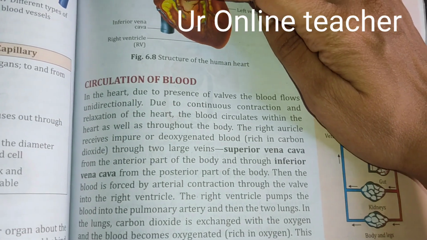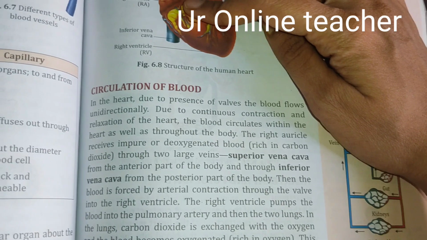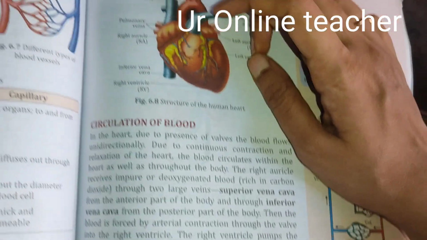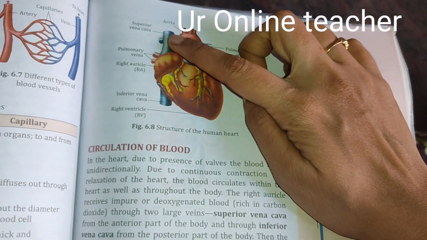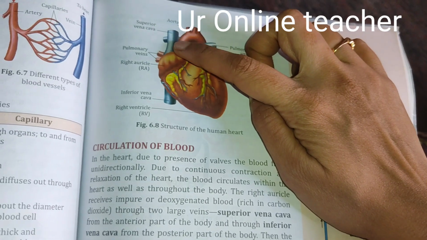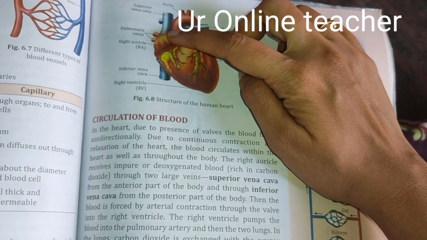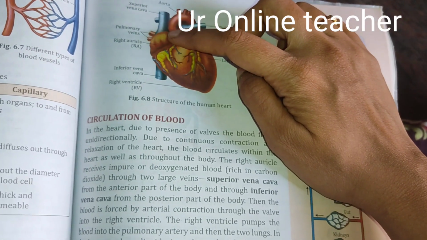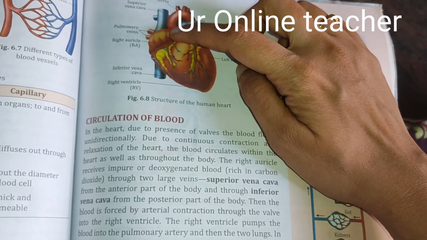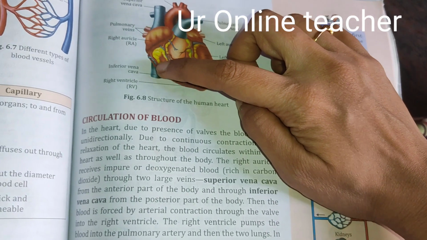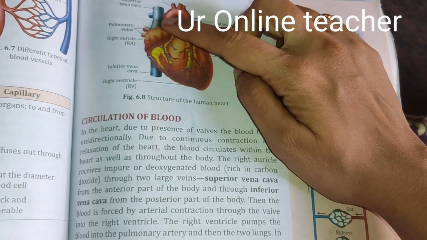impure or deoxygenated blood rich in carbon dioxide, through two large veins. That is the superior vena cava, from the anterior part of the body, and the inferior vena cava from the posterior part of the body.